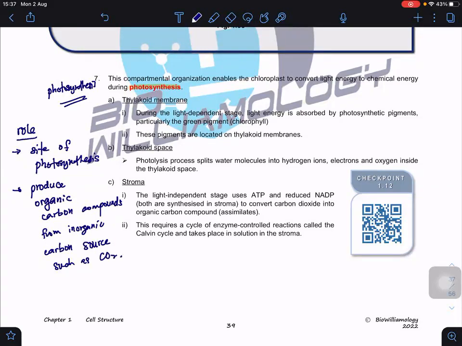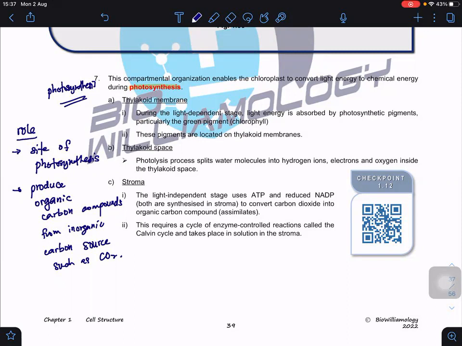So what is the role of the chloroplast? They are the site for photosynthesis. During the process, they produce organic carbon compounds from inorganic carbon sources such as CO2. What are the organic carbon compounds? Glucose, starch, sucrose. So don't write that it produces food. Plants cannot produce food. Only humans can produce food. We can cook. Plants cannot cook.